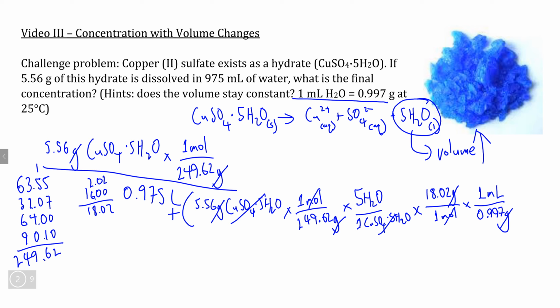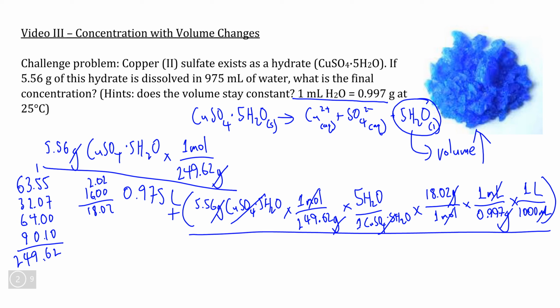But of course, remember that concentration is always measured in liters, so we need to multiply by one more conversion factor, 1 liter over 1,000 milliliters, and this long extension here will give us the volume in liters of the amount of water that we added through the dissociation of our solute itself.